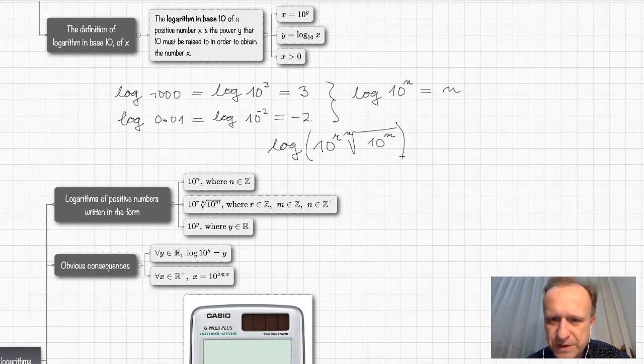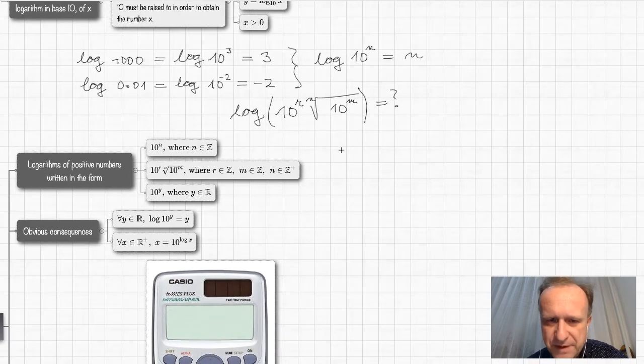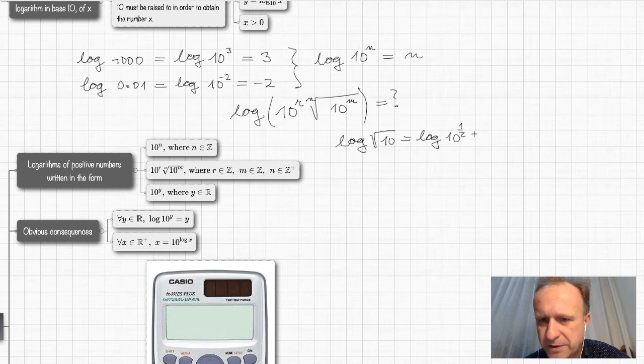Let us start with simple examples. Some simple case, for example, the logarithm of the square root of 10. Okay, this is really a simple one. You may remember that the square root of 10 is actually 10 to the 1/2 power. So it's the logarithm of 10 to the power 1/2 that we are going to calculate.